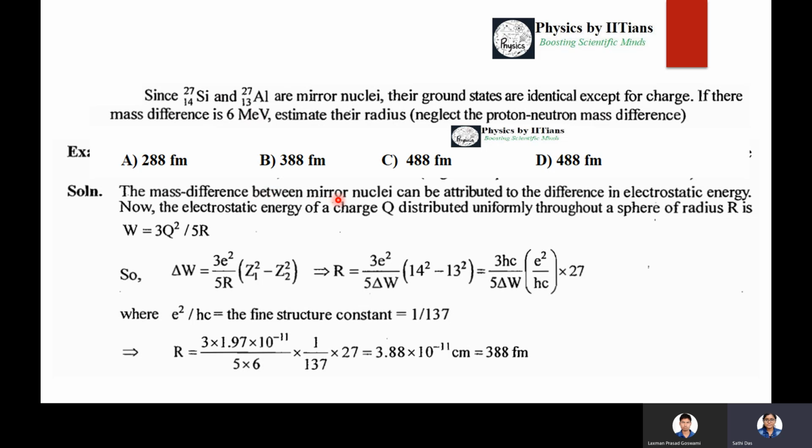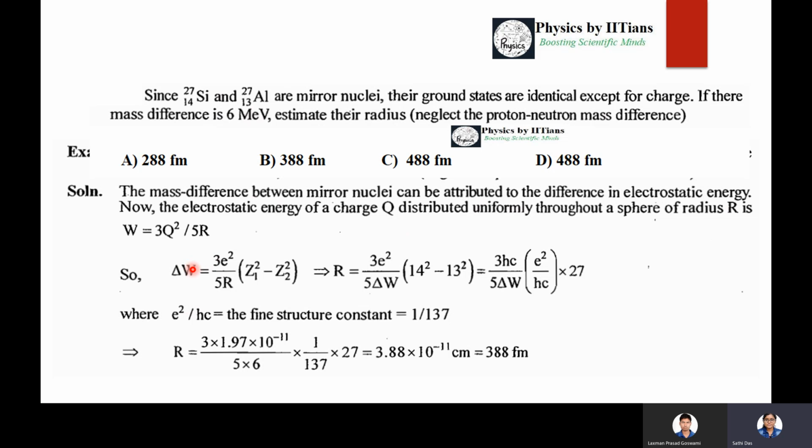The mass difference between mirror nuclei can be attributed to the difference in electrostatic energy. The electrostatic energy of a charge Q distributed uniformly throughout a sphere of radius R is W equals 3 Q square divided by 5R, where R is the radius and Q is the charge distributed uniformly throughout the nucleus, assuming a spherical distribution.